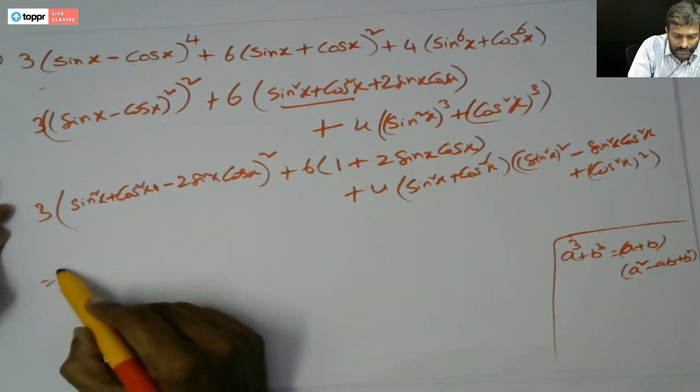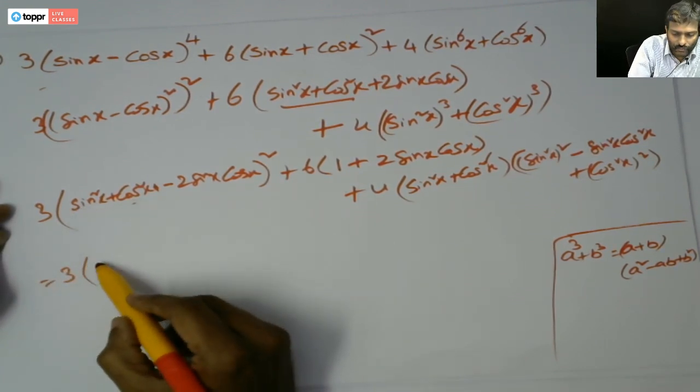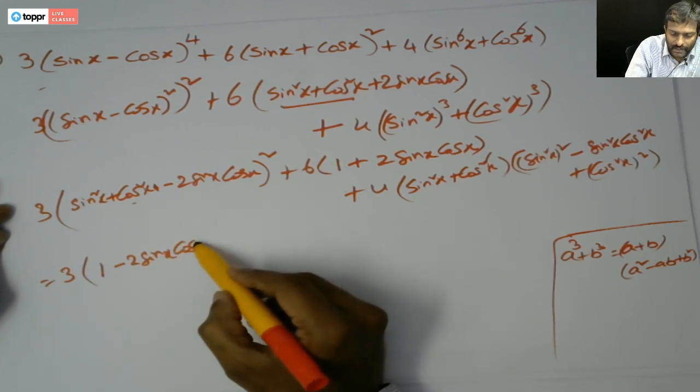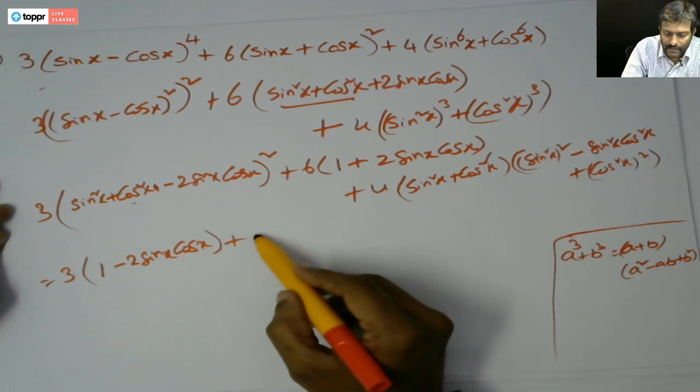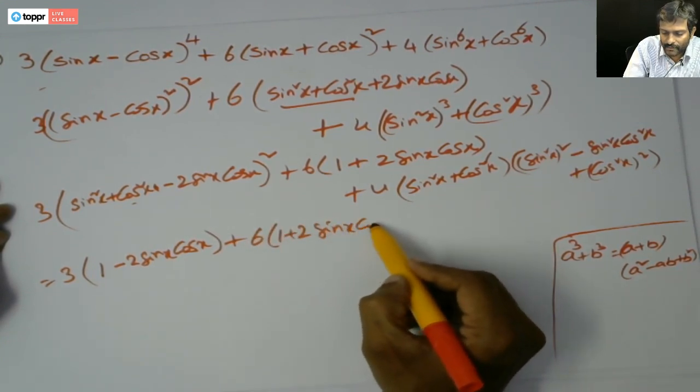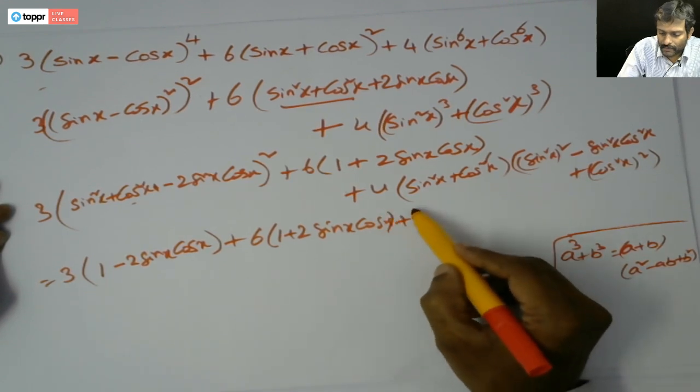Now this can be written as 3 times 1 minus 2 sine x cos x, plus 6 times (1 minus 1 plus 2 sine x cos x), plus 4 times.